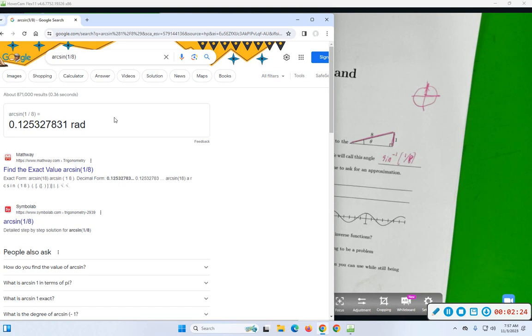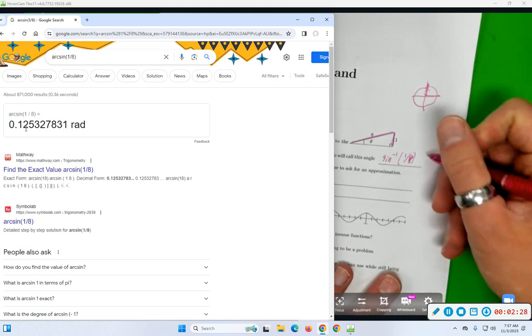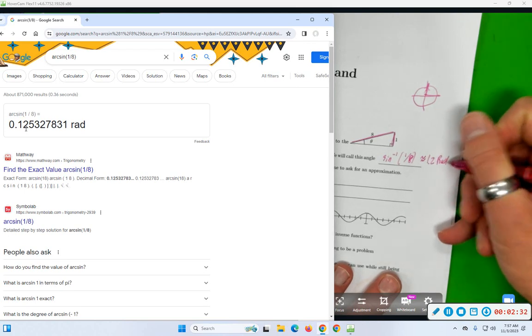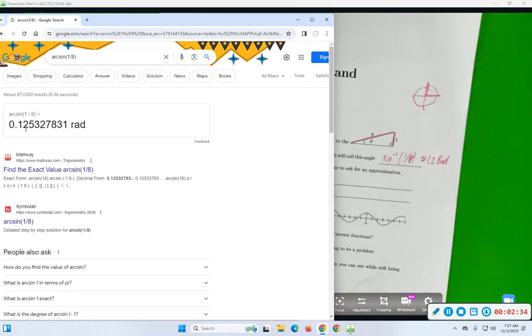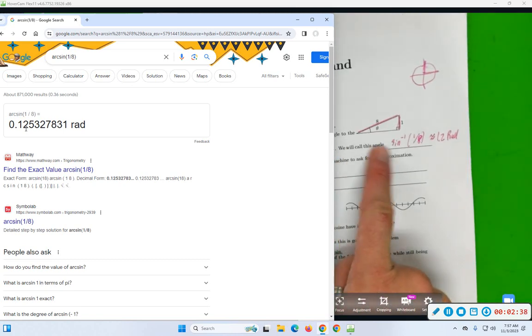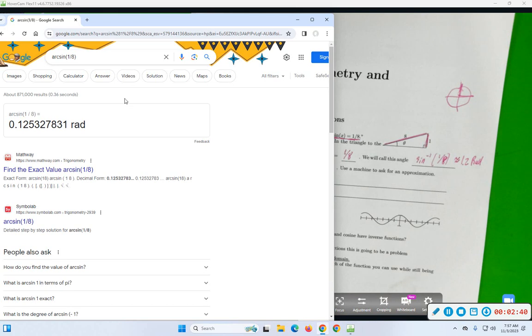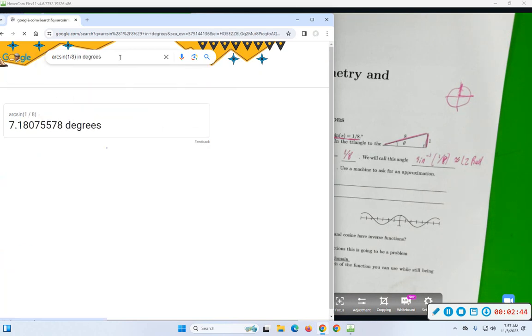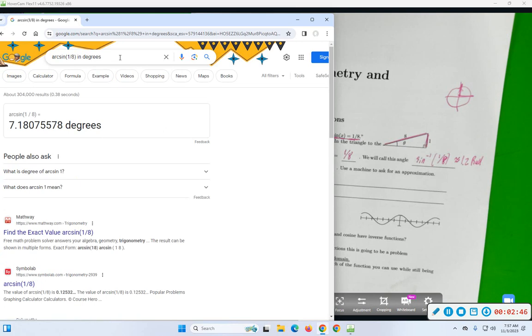It says that arc sine of 1 over 8 is about 1.2 radians. And notice it wanted this arc sine notation. It didn't like sine inverse. You can also ask it for things in degrees. And if you're using a calculator, you'll literally enter degree mode and compute arc sine.